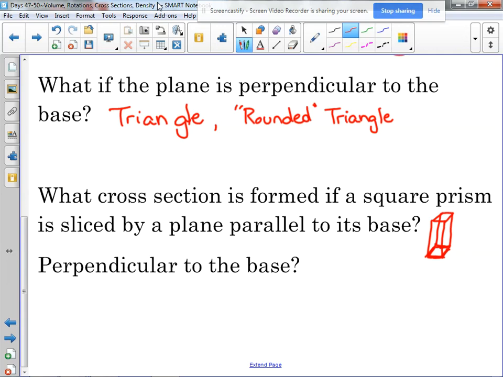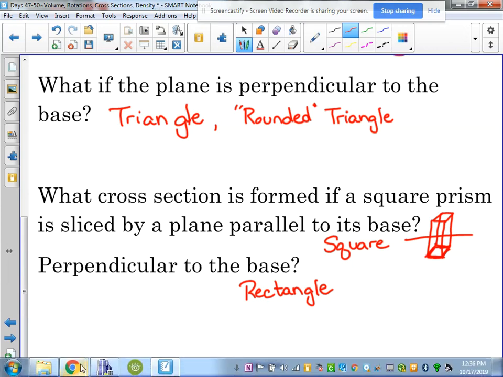If we slice that parallel to its base, we go right here. What shape are we going to end up with? Square, because that's the base. Absolutely. Is it still a square if we go perpendicular? No. Okay, what is it? A rectangle. Very good. So cross sections, not super hard.